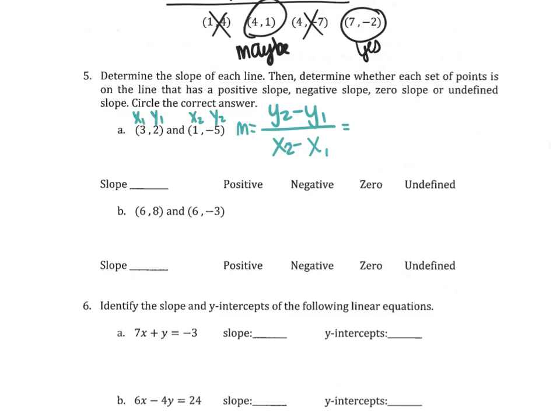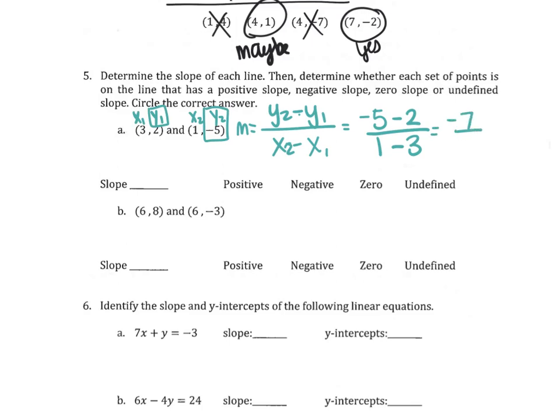So if I plug in then, y2 is -5 minus y1 is 2 over x2 is 1 minus x1 is 3. Okay, -5 minus 2 is -7.